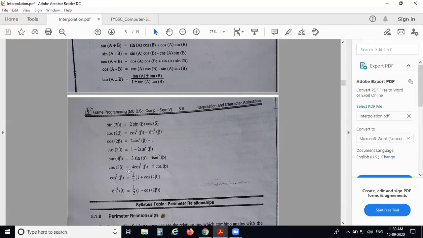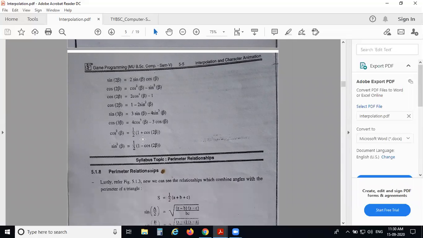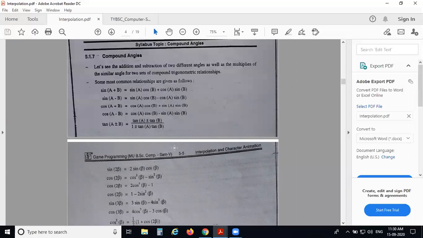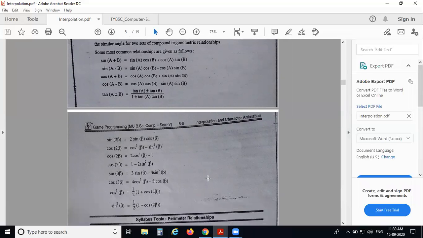Then cos 3 beta is equal to 4 cos cube beta minus 3 cos beta. Then cos square beta is equal to 1 upon 2 in bracket 1 plus cos 2 beta. Then sin square beta is equal to 1 upon 2 into 1 minus cos 2 beta. Okay, so these are some of the relationships which depend upon the addition, subtraction and multiplication of particular angles. Okay, so you just remember that you understand.